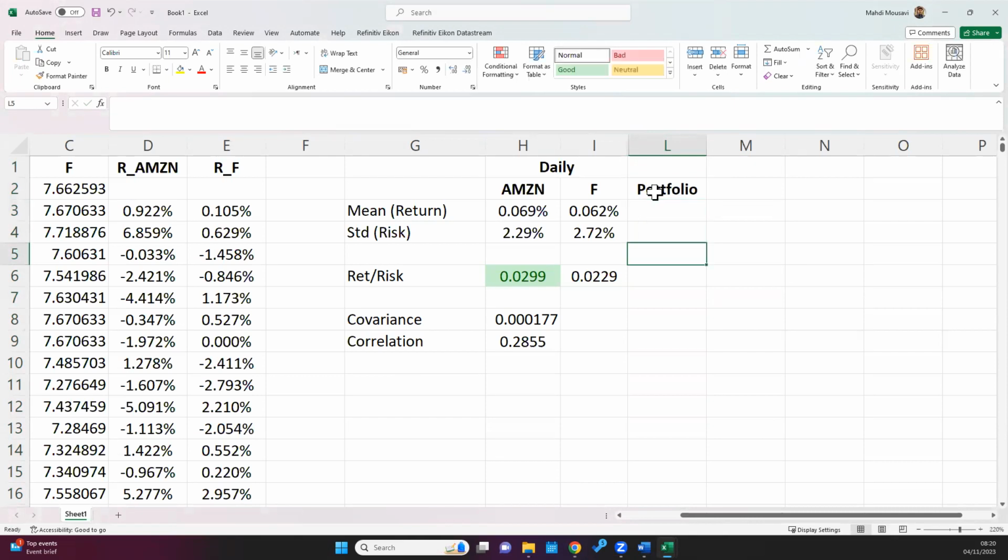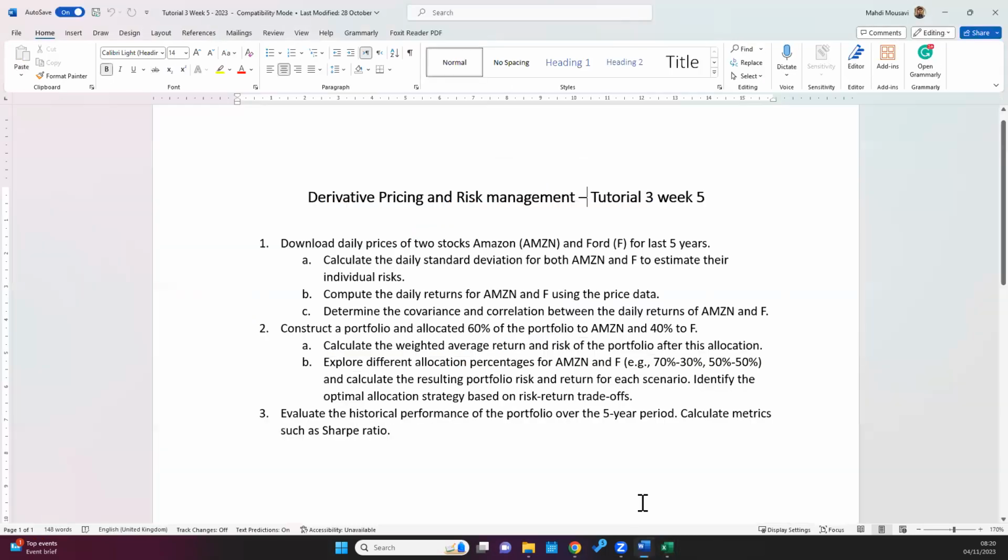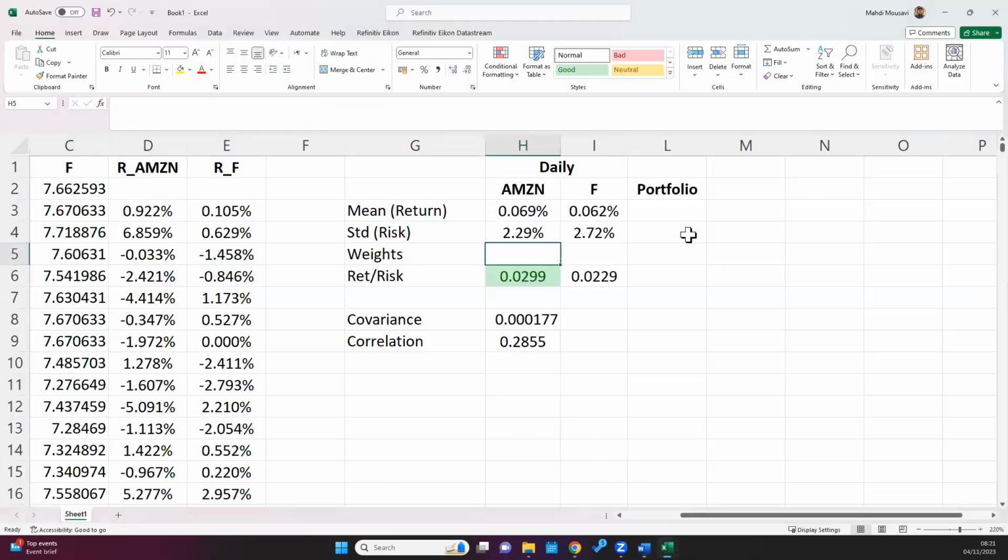And the first step, let's allocate the weights based on the question. It's going to be 30%, 70% or 60% for Amazon and 40% for Ford. So I'm going to allocate 60% to Amazon and 40% to Ford.